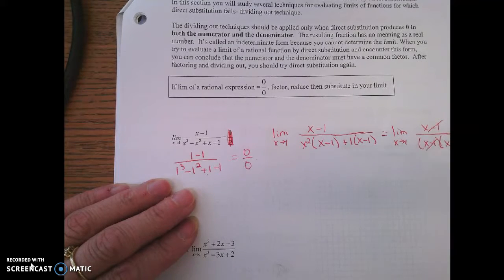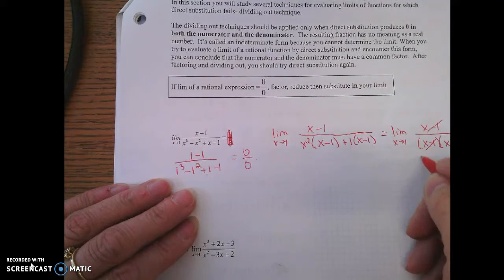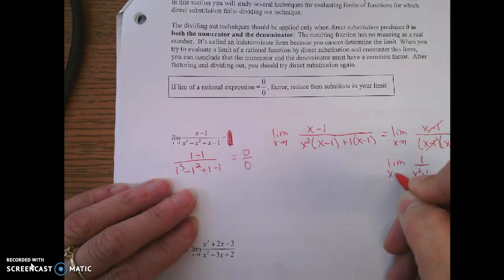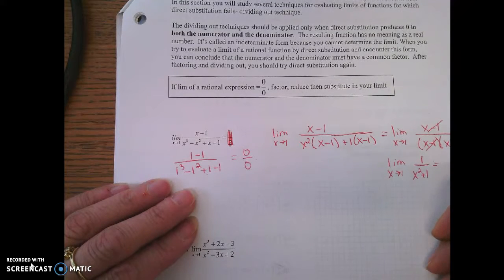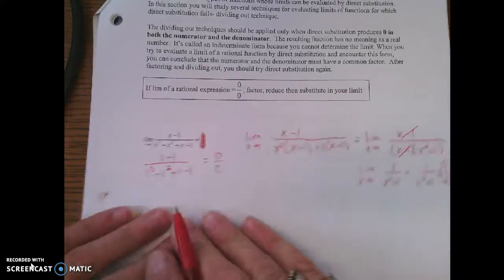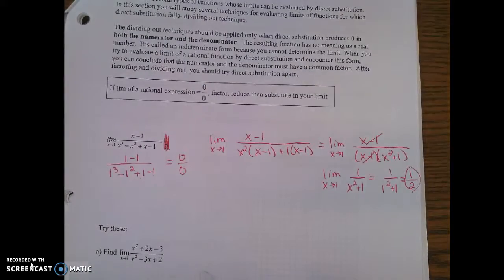Now these cancel out, leaving us with a 1 in the numerator and x squared plus 1 in the denominator. You still want the limit as x goes to 1. Now you can directly substitute in. X is 1. 1 over 2 is the answer. So your answer ends up being 1/2.